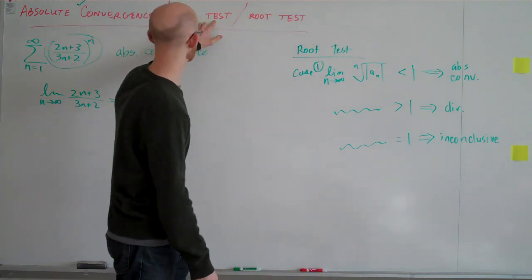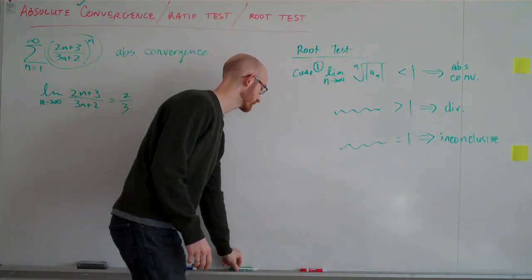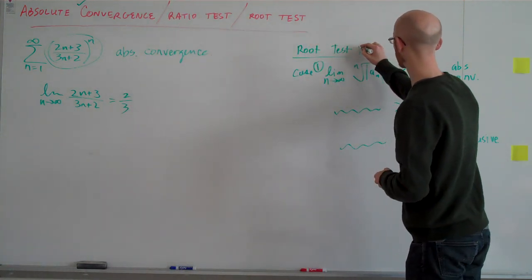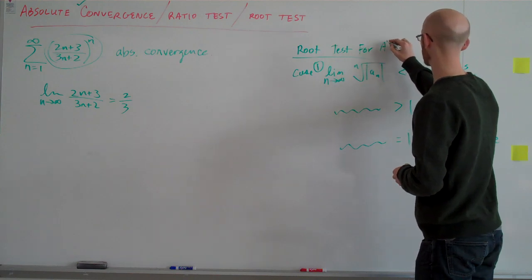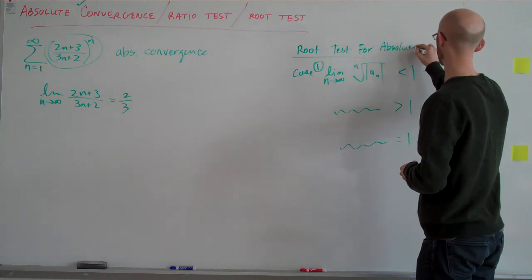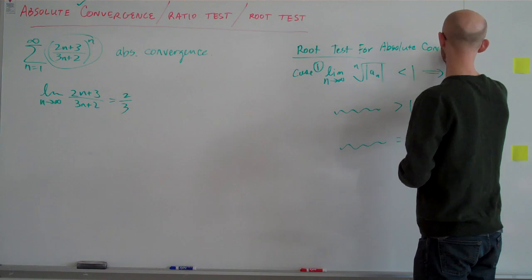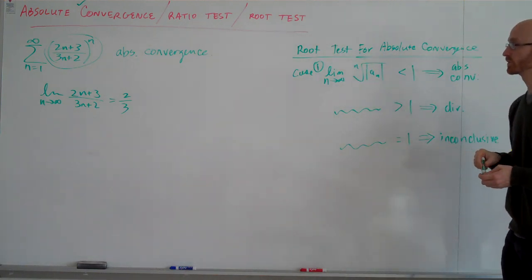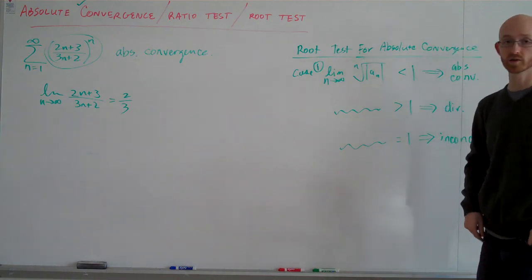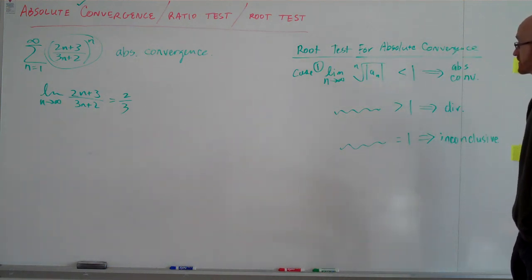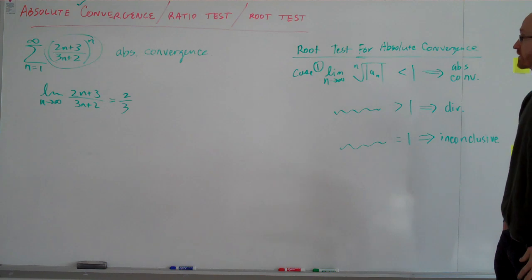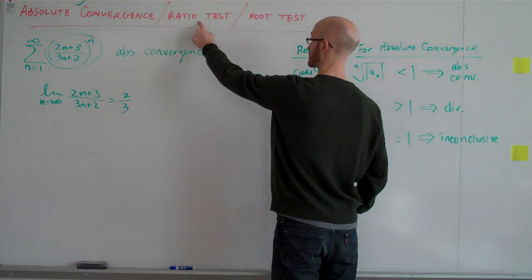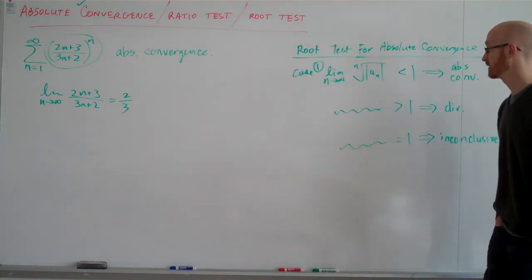Then we had a ratio test for absolute convergence, and I should add root test for absolute convergence, as I asked you to remember. I'm not just going to call it the ratio test and the root test, because we might think that they prove convergence, which they do implicitly, but it is good to know that they prove absolute convergence. So we proved absolute convergence via ratio test and via root test.